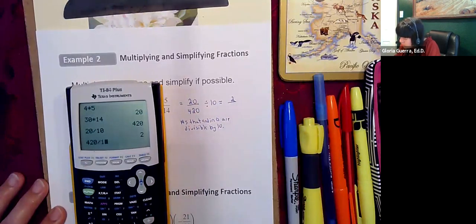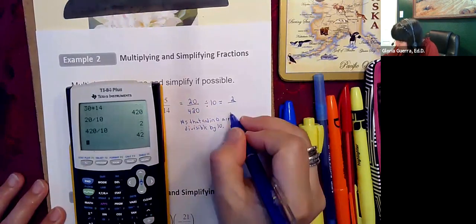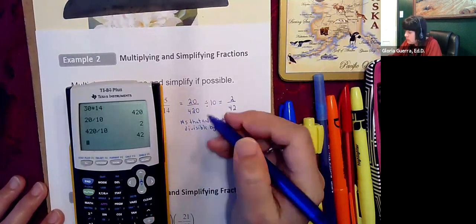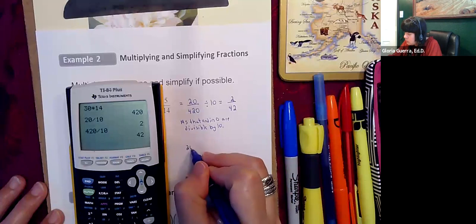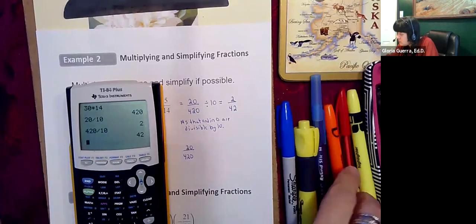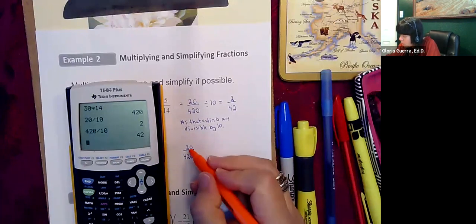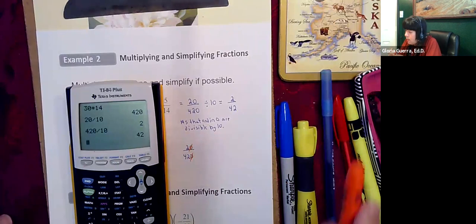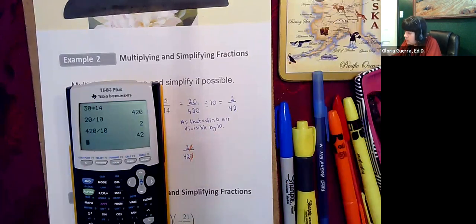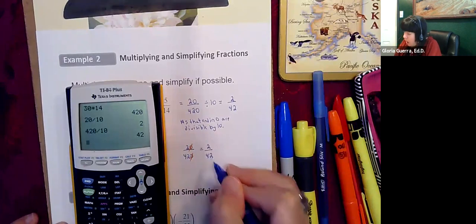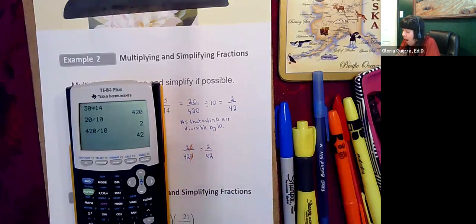420 divided by 10 is 42. So you see, if you were to cross those end zeros out, if you were to say 20 over 420, and you were to cross out these end zeros here, then you would end up with 2 over 42.